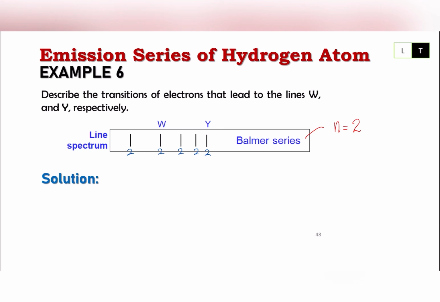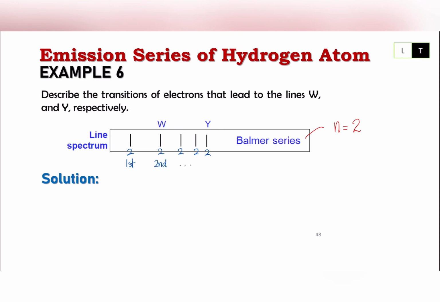Based on this example, the gap between the first line and the second line should be larger than the others. You can see that between the line on the left and line W, the gap is the largest compared to the others. So automatically this one will be the first transition, the first line. I'm going to label this one as the first line, this is the second line, and so on.